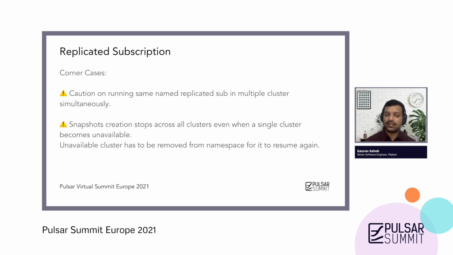And if the snapshots are not there, then your subscriptions will not be able to translate your cursor positions. So if you do the failover after this, you will see a lot of duplicates. To resume snapshot creation, currently the unavailable cluster has to be removed from the namespace, and there are repercussions to that, which we will get to in some time.